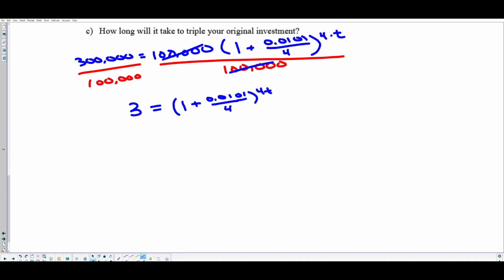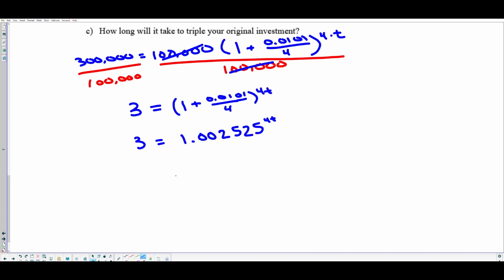So in my calculator, I'm going to type in 1 plus 0.0101 divided by 4. Okay, and that gets you. Alright, so go ahead and write this as 3 equals, and if you do this part in the calculator, you're going to get 1.002525 to the power of 4t.